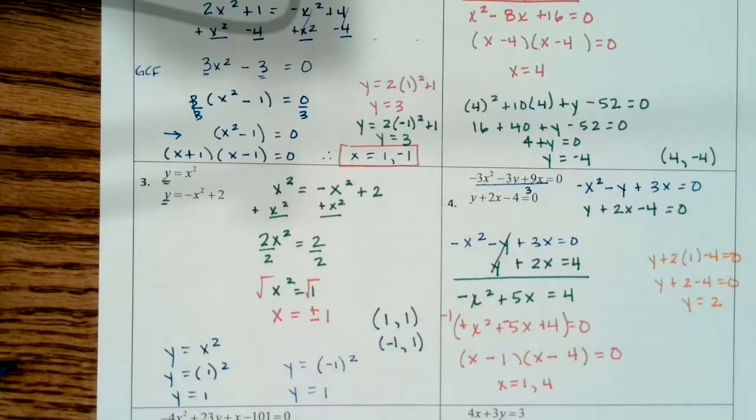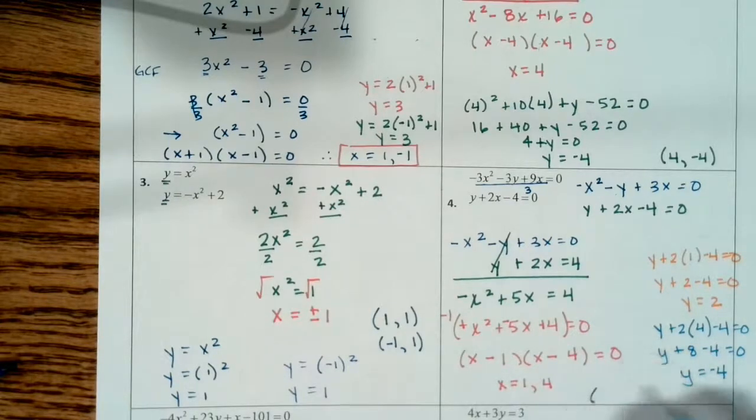My next solution of y is going to be y plus 2 times 4 minus 4 is equal to 0. Y plus 8 minus 4 is equal to 0. Y is equal to negative 4. Therefore, my solutions are 1, 2, and 4, negative 4.